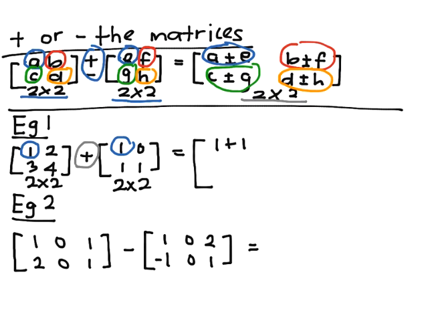For this one, I'm going to go with the blue color just to represent the same position. Then the second position, I'm going to go with the red color. The second position in the first matrix is 2. The same position in the second matrix is 0. Since we are doing plus, in our final answer we will come up with 2 plus 0.